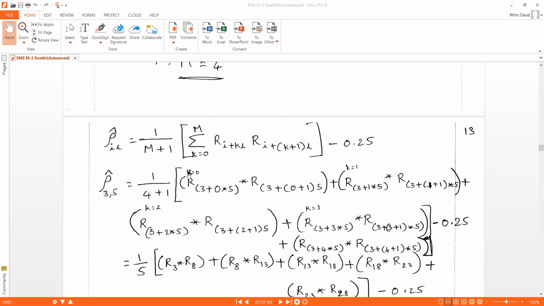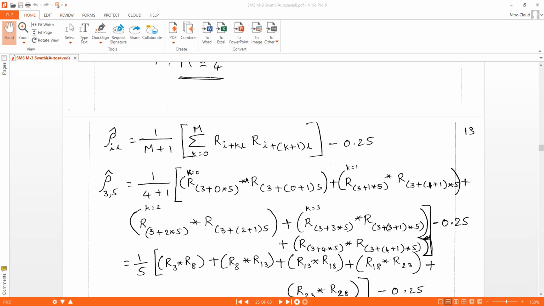So first we will write k equal to 0. We will substitute here in this formula. R, I value we know that is 3, plus k value, we are taking it as 0, into L value we know, L value is 5.